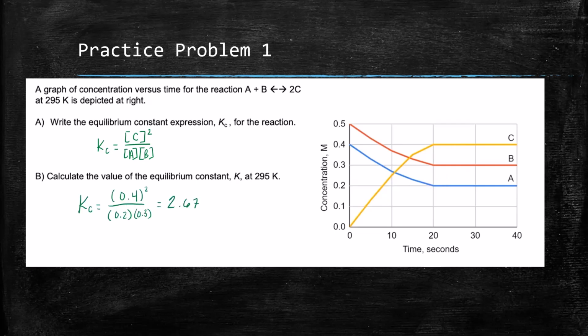So if we plug those values in, again, this is just a plug and calculate type of question. It should be pretty easy if you know how to read those graphs, just making sure that you're using the concentrations at equilibrium. If you do that, you should get a value of 2.67.